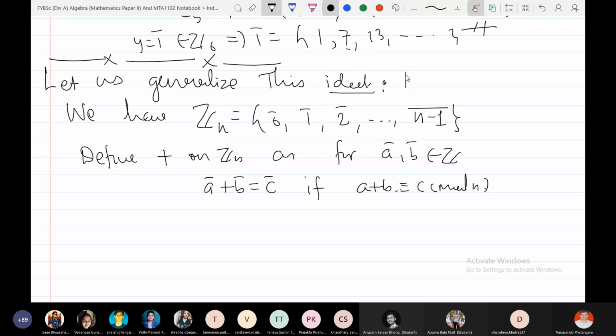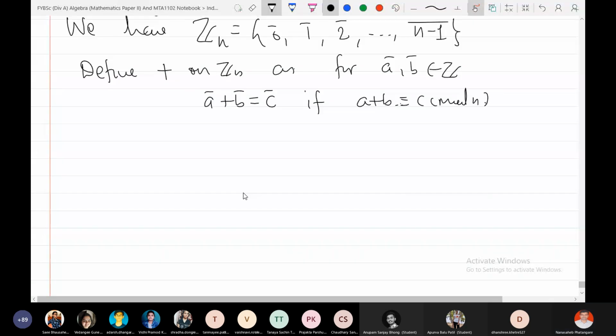I am fixing n. You fix a positive integer n, and with respect to that n I am not changing. You fix any n, 10, 100, whatever you fix, and I want to make the idea general, meaning whatever n you select, you will get n classes, and that is how to define addition on Zn.